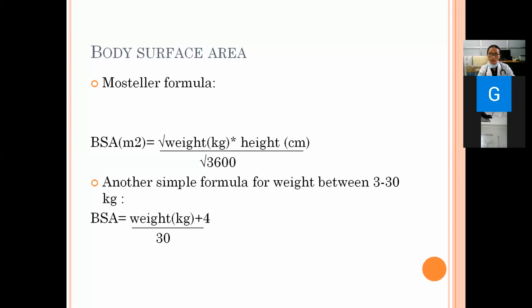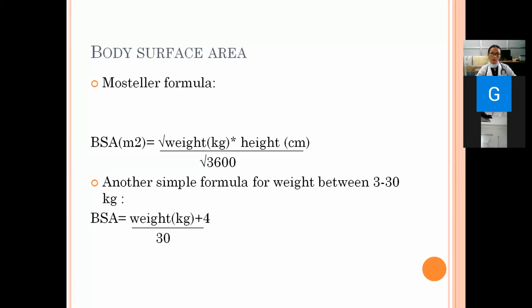For this, you obviously need the weight and the height of the child. In this, you'll get the body surface area in meters squared. The formula is: the square root of weight in kg times height in cm divided by 3600. This will give you the body surface area of the child.